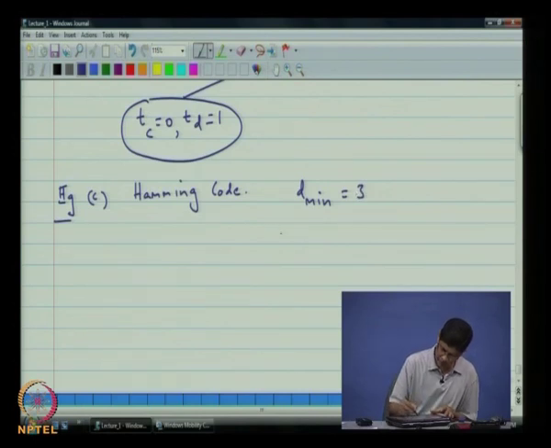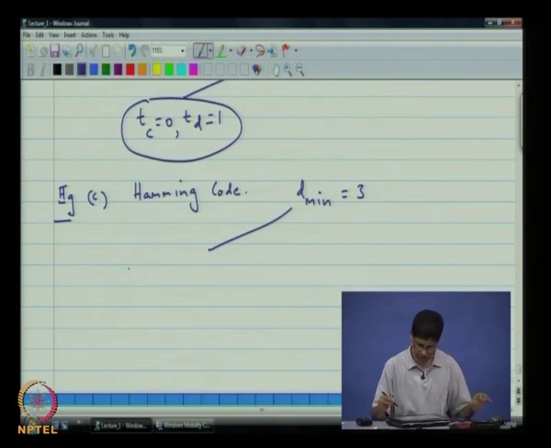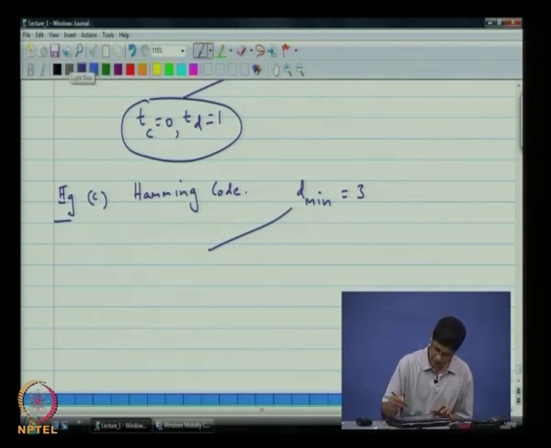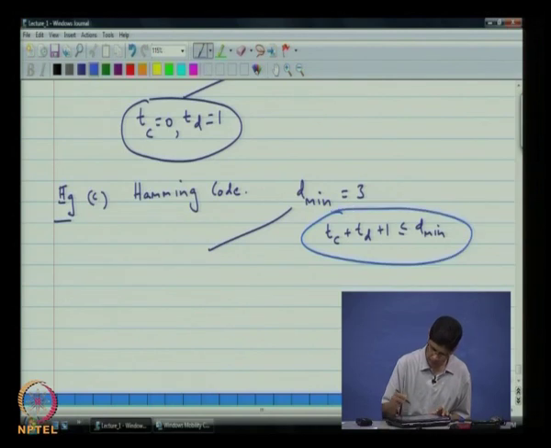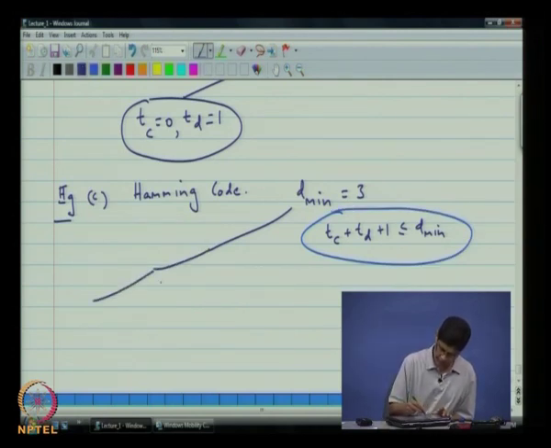So, from this it is clear that, with respect to our equation, this code can be used in one of two ways actually.